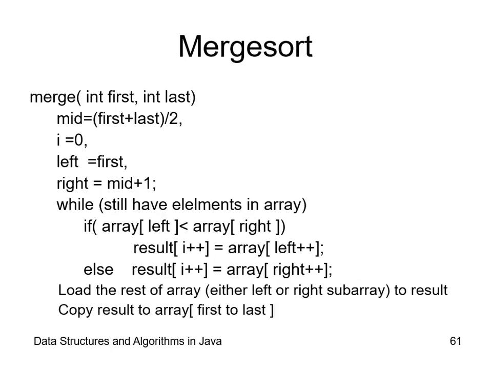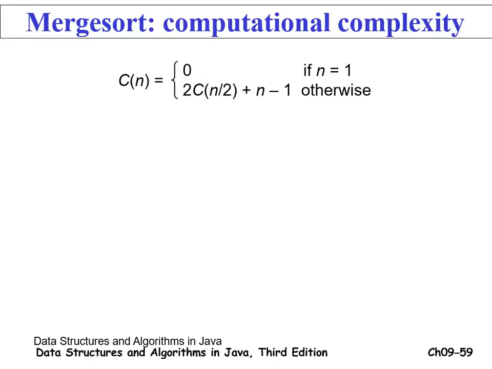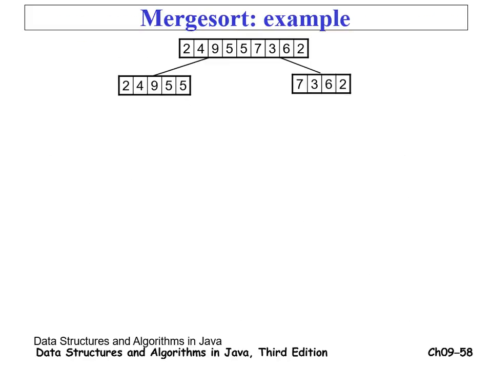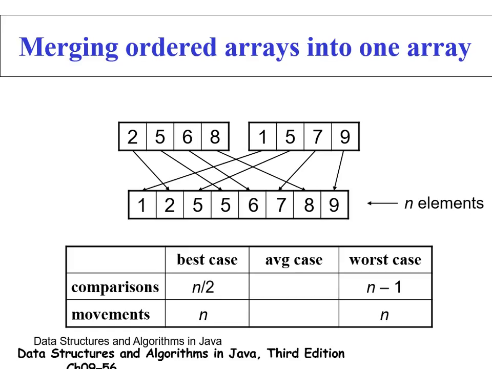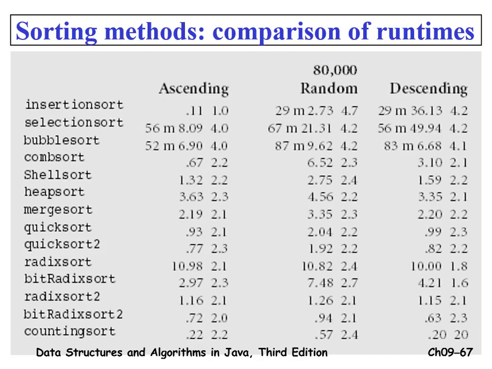Now the question is, for merge sort, where's my comparison? This is the merge. Merge takes only n. I don't have the comparison.